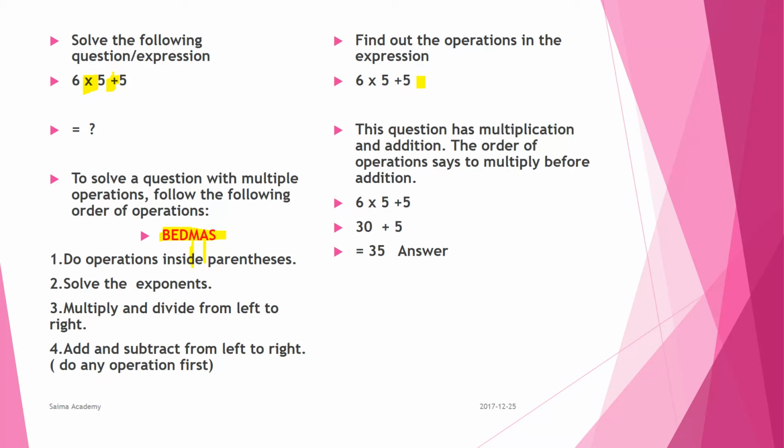I will show you what will happen if you add first. 5 plus 5 is 10, and then 10 times 6 is 60. Your answer will be 60, which is wrong. The answer is 35. How? Because you have to follow BEDMAS. In BEDMAS, multiplication is first. So 6 multiplied by 5 is 30, and then 30 plus 5 equals 35. So 35 is the right answer.